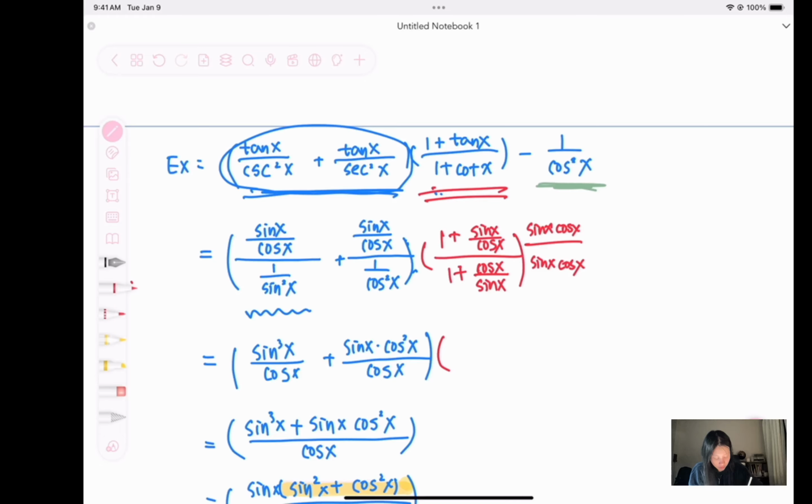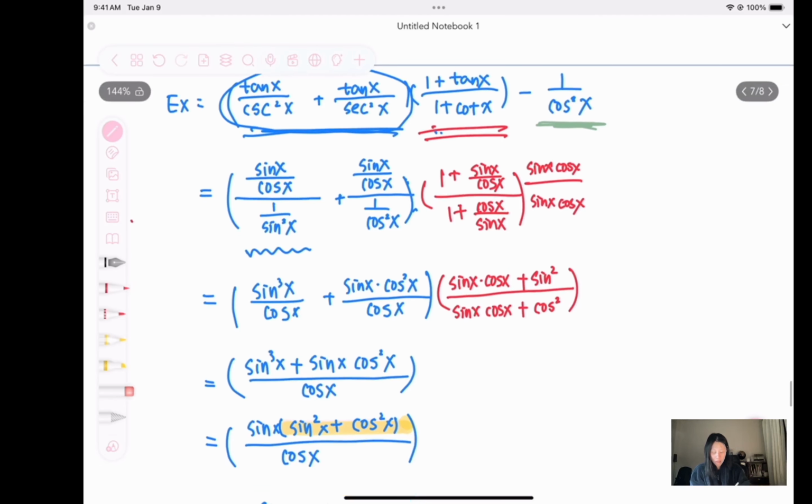Then I get sine x cosine x plus, cross cancel, sine square. In the bottom, same thing, sine x cosine x plus cosine x squared. It's getting nicer and nicer. Okay, let's continue. And let's factor the common factor out and see what happens.